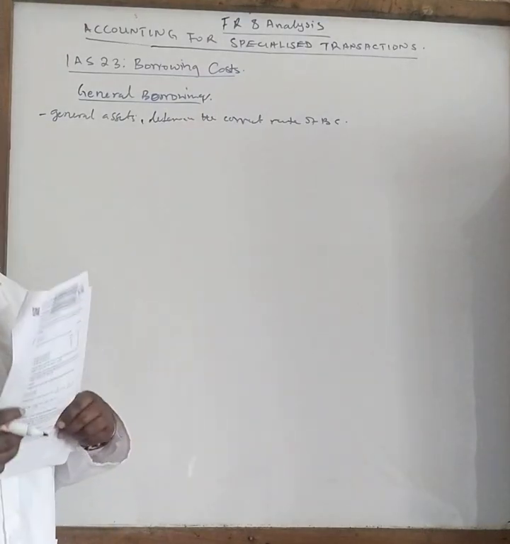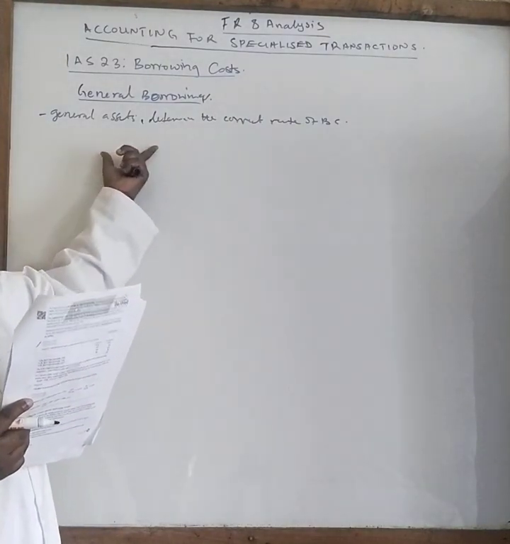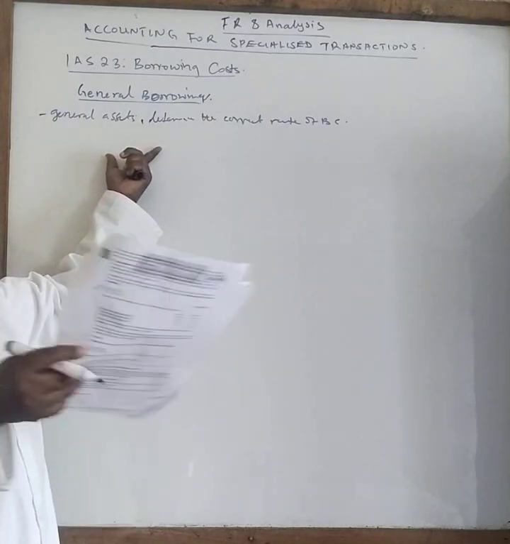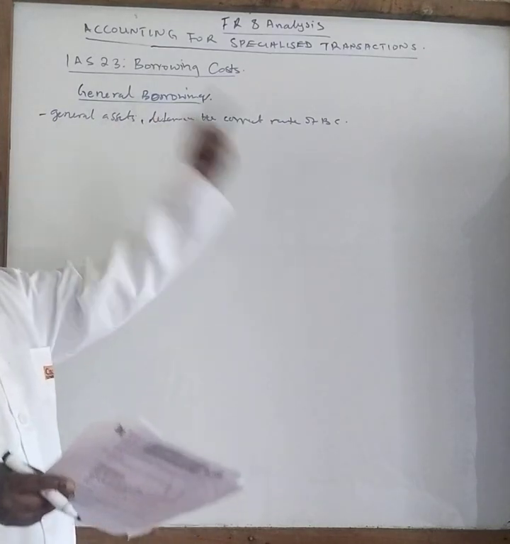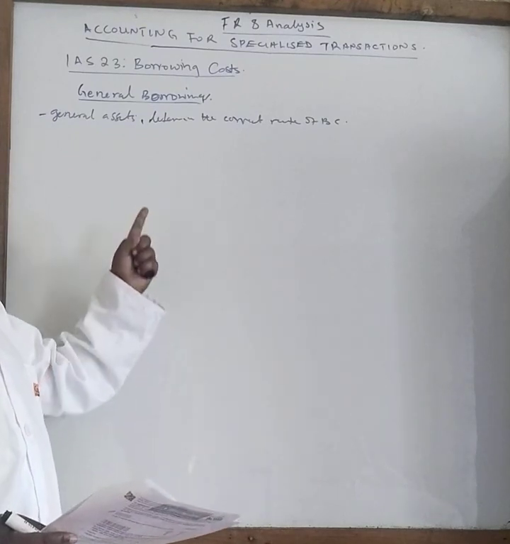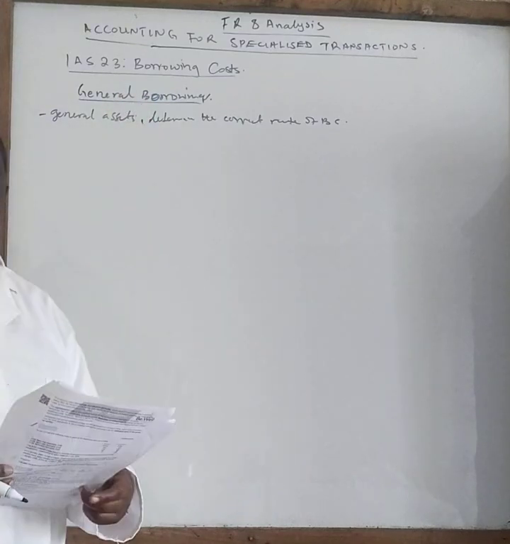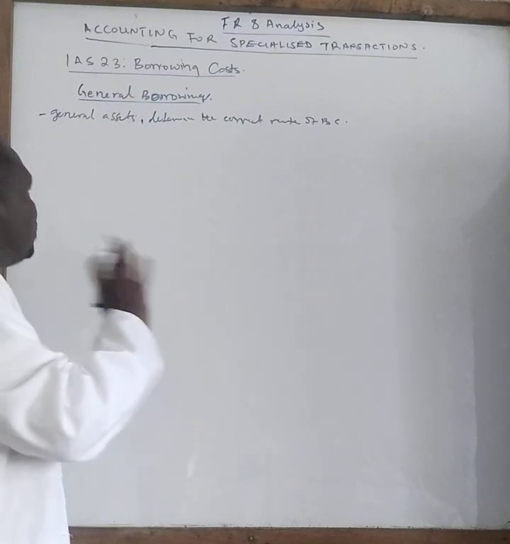That is specifically interest. Why? It means that some amount of money that you have borrowed will go to the qualifying asset. Some will go to other assets that you are constructing. For that matter, other assets will not be part of IAS 23. Therefore, you have to be very specific.